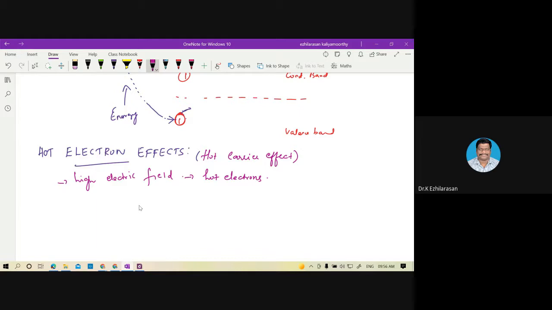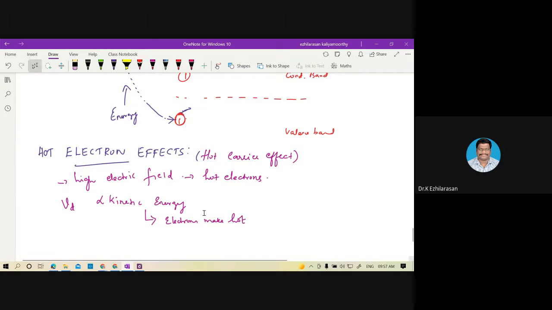In this example, the drift velocity Vd is directly proportional to kinetic energy. Because the kinetic energy is very high, that will make the electrons hot.